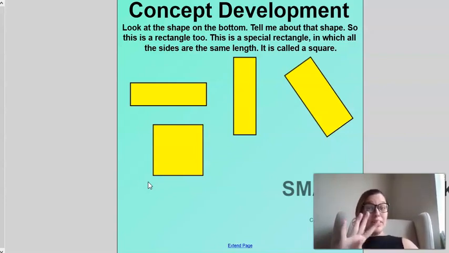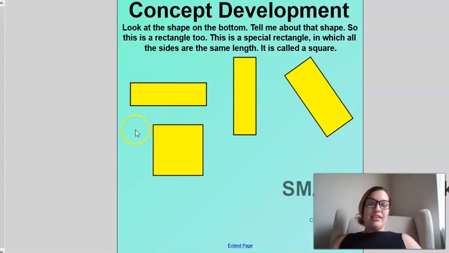So when we have 4 sides, 4 corners, and the lines are all straight and the same length, that is a what? Does anyone know? A square. Yes, very good. When we have a 4-sided object that has 4 corners and it has all 4 sides the same length in straight lines, that is a square.